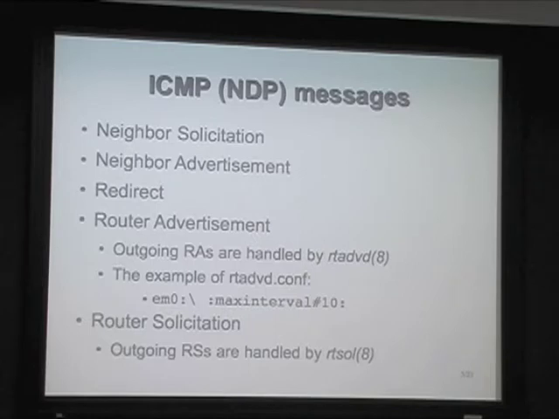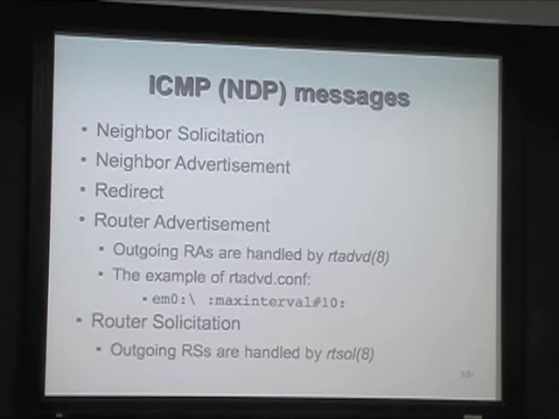When it comes to the BSD implementation of the neighbor discovery stack, there is a difference between the first 3 messages and the last 2 messages on the slide, because neighbor solicitations, advertisements, and redirects are handled completely by the neighbor discovery stack in the kernel, while router advertisements and router solicitations are partially handled by daemons, the router advertisement daemon and the router solicitation daemon. Basically, their output routines are implemented in those daemons.